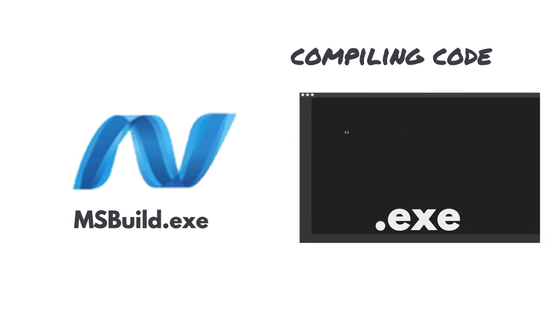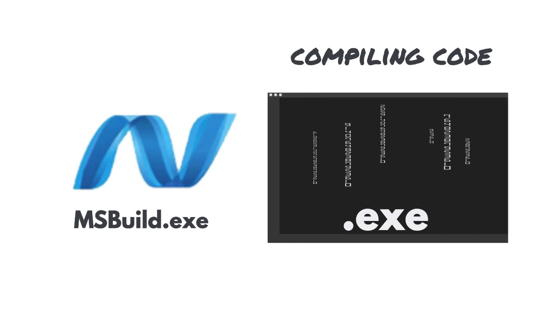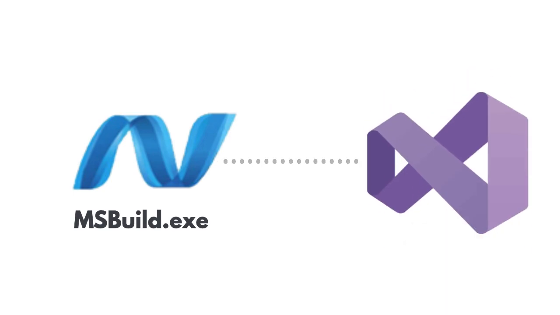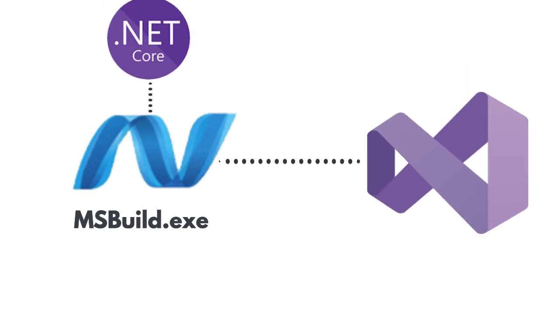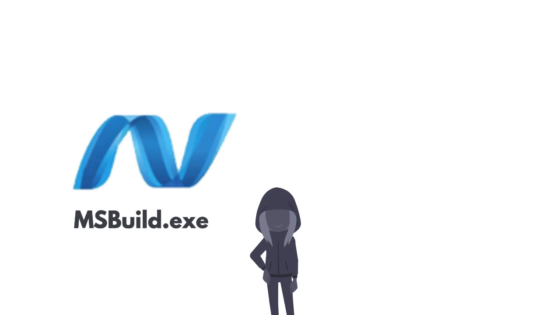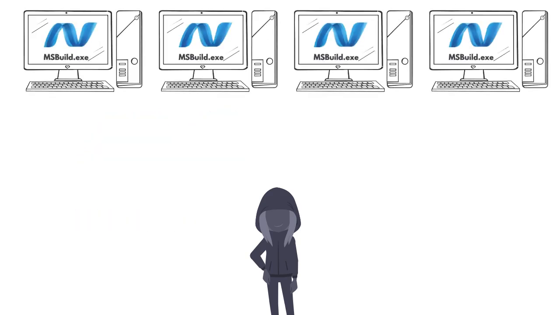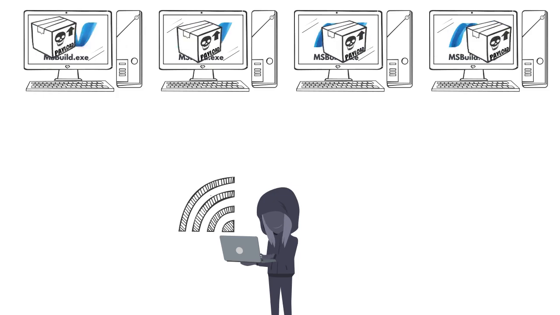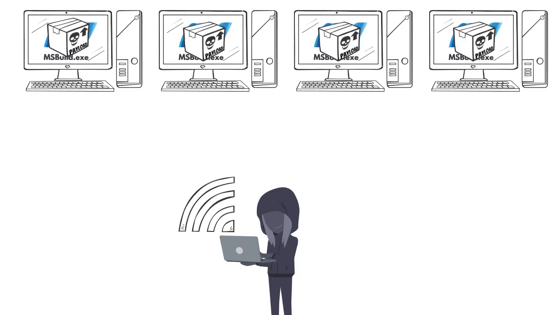MSBuild, or Microsoft Build Engine, is a tool for compiling code into executables. While it's mainly used with Visual Studio, it's also part of the .NET framework. This widespread presence makes it an attractive target for attackers, as it can be found on most endpoints, even those not used by developers. This allows attackers to compile their exploits directly on the target system, helping them evade detection.